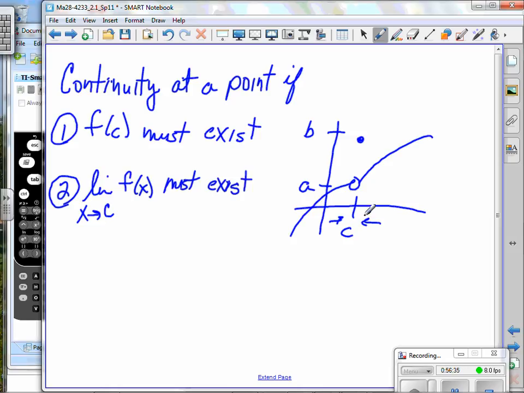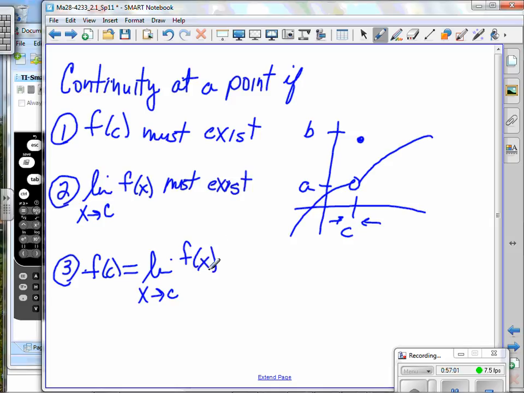The value a, right? The outputs are going here. So is it continuous? So far, I've got a yes for both of those. But what's the third criteria, and really the most important one here? They have to be the same. Yeah. So the output of the function at that point has to be the same thing as the limit as we approach that point.